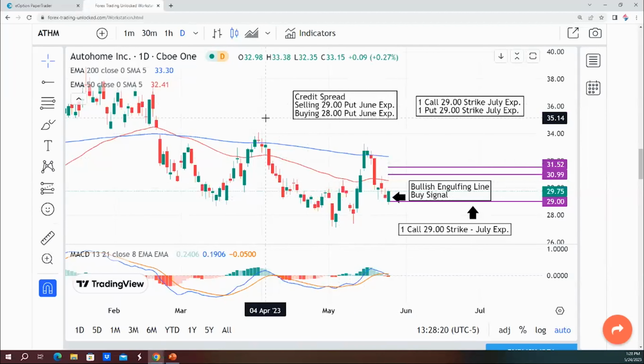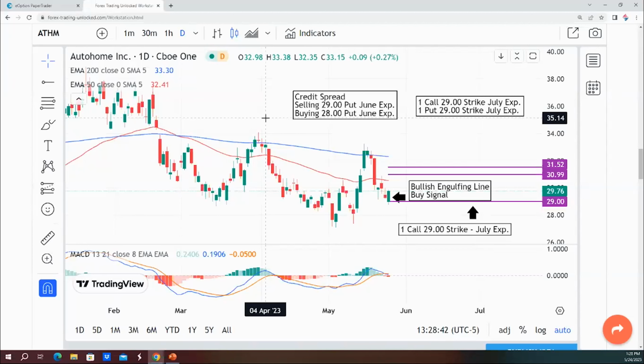So in that case, your only risk is between 29 and 28 minus the credit that you take in, because when you sell the $29 put, you're getting more money than you're paying for the $28 put. That credit is subtracted from your risk, because the only risk you have is if the market goes down below $29.